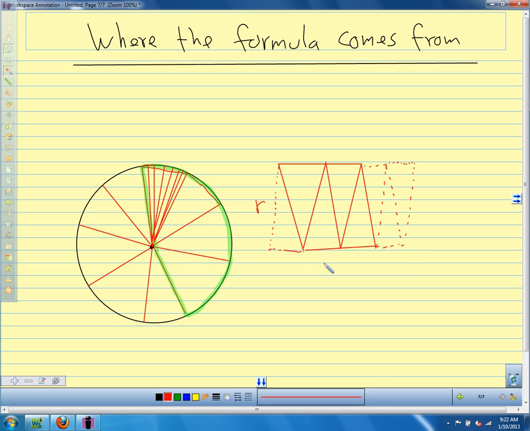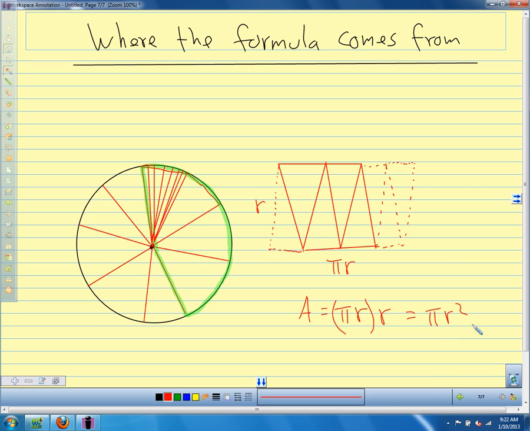So this one side of this rectangle would be half the circumference, or pi times the radius. How do I find the area of a rectangle? Base times height. If I multiply the base times the height, I get pi r times r, or pi r squared.